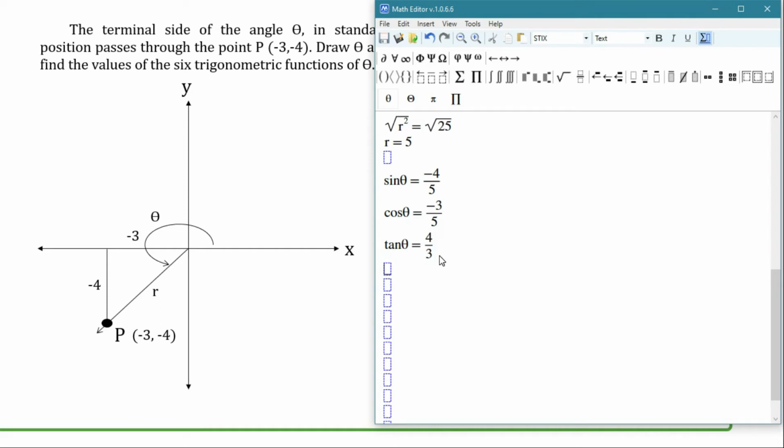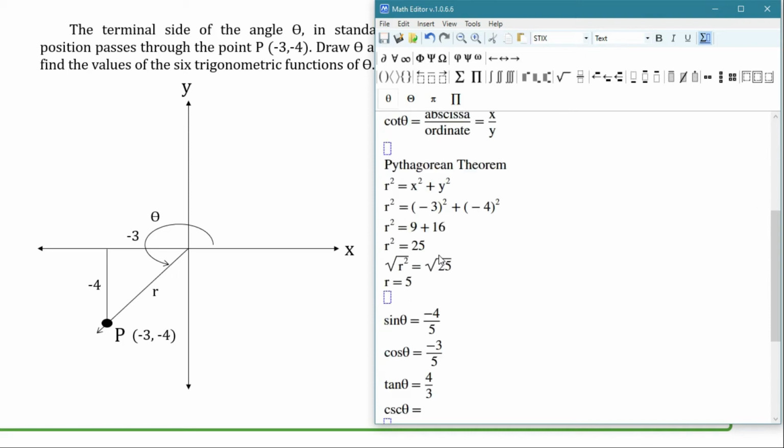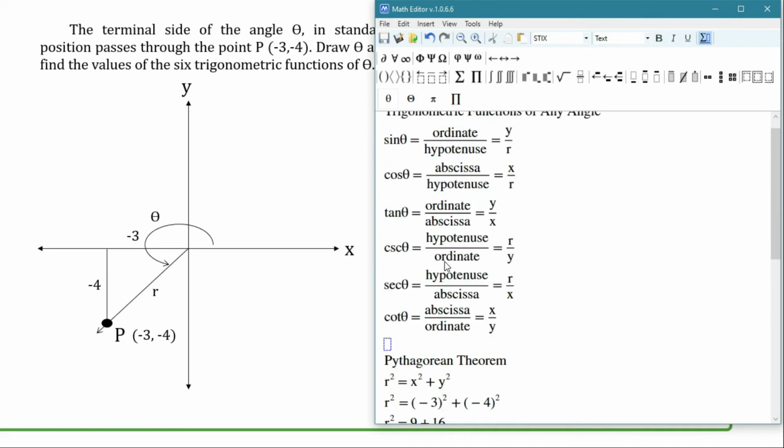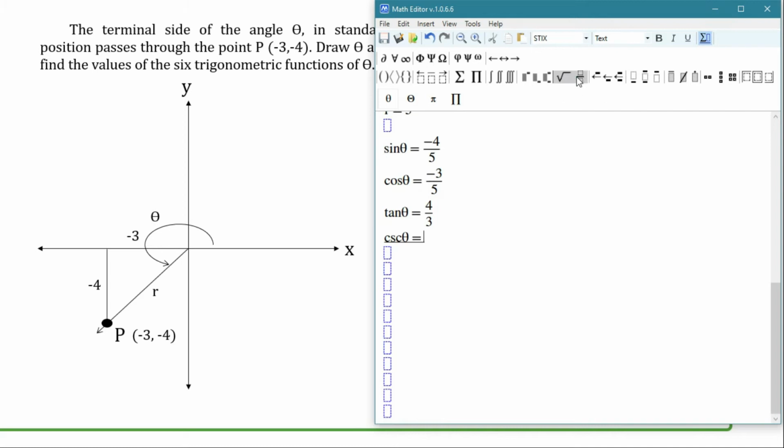Okay? Next function would be the reciprocal function of sine, and that is the cosecant function. We have defined that as hypotenuse over ordinate. So our hypotenuse is 5, as we have solved for that. That is 5 over, that is ordinate, that is negative 4.